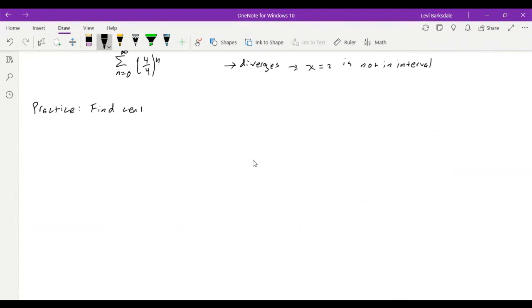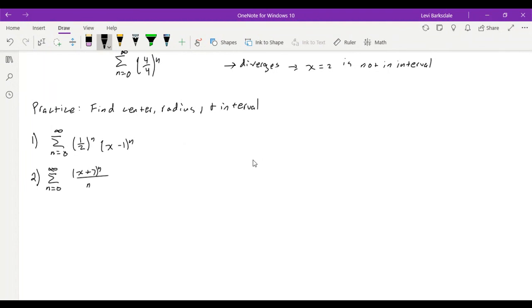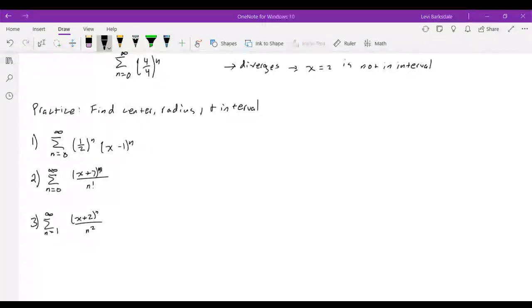Find the center, the radius, and interval of convergence. And I'll give you a couple of minutes to work through those.